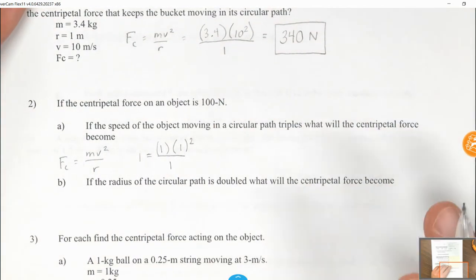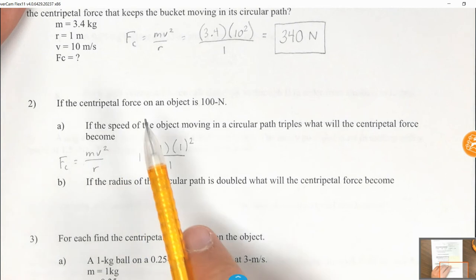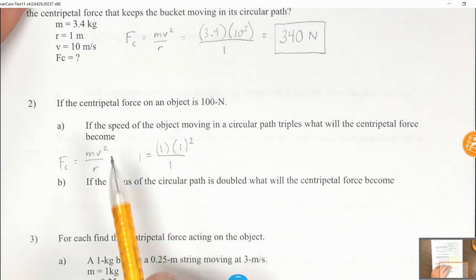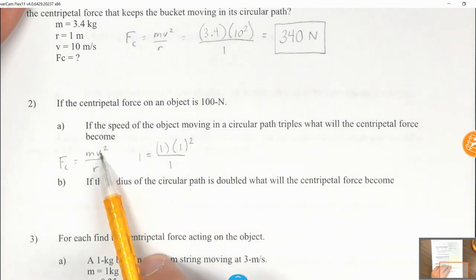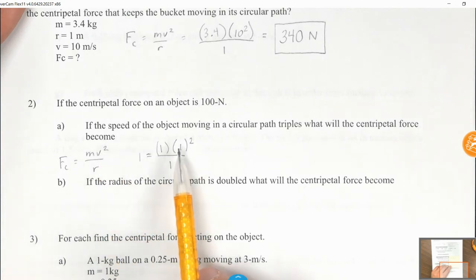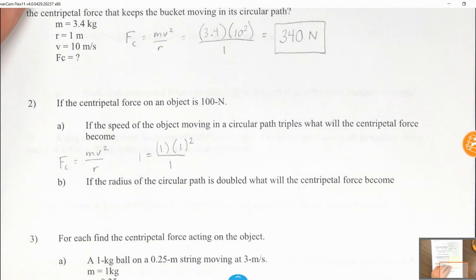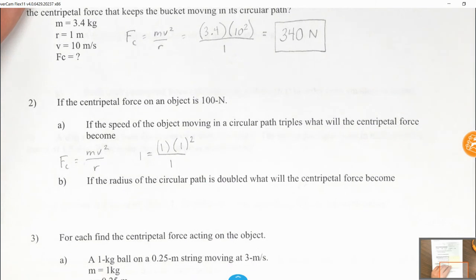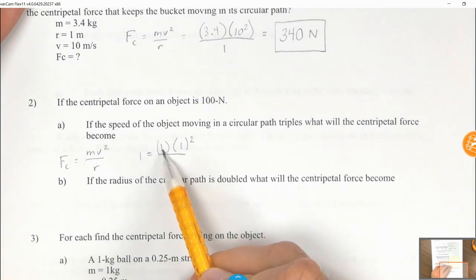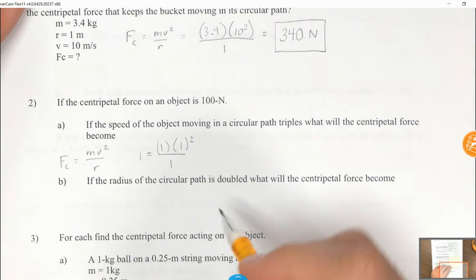So what did they tell us? The speed triples. So speed is velocity, the v in the equation. So if v is no longer a 1, we have to make it a 3. Nothing else in the problem changes. So the mass stays a 1. The radius stays a 1.